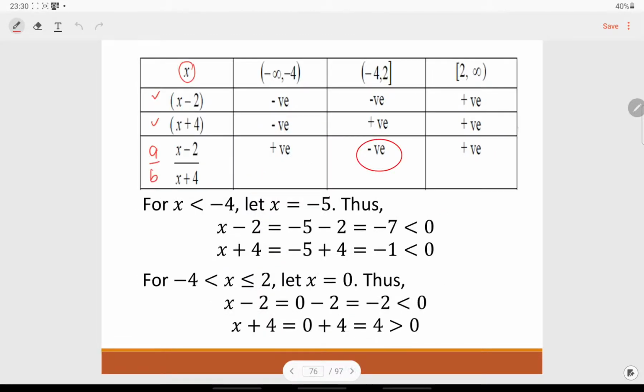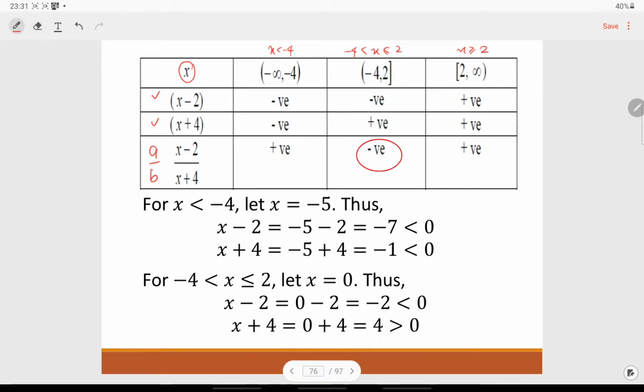X is less than -4, X is greater than -4 and less than or equal to 2, and X is greater than or equal to 2. We consider one by one. So now we assume all these values are empty, because we want to find what is the value inside the table one by one.